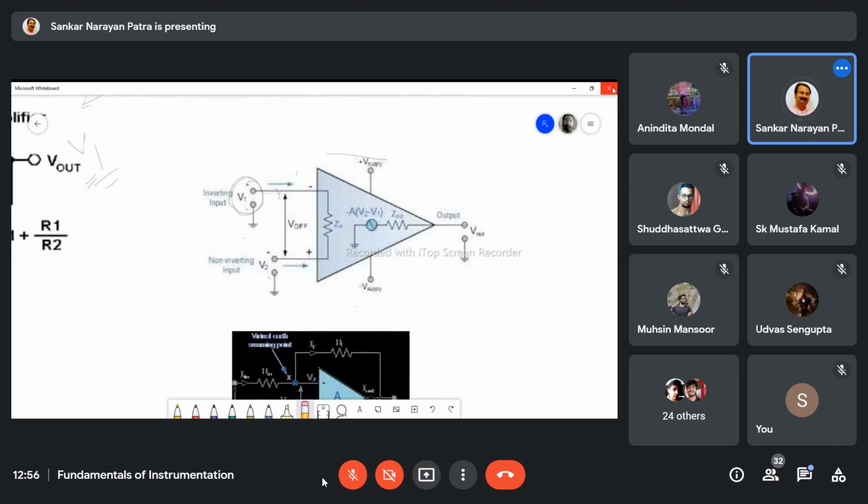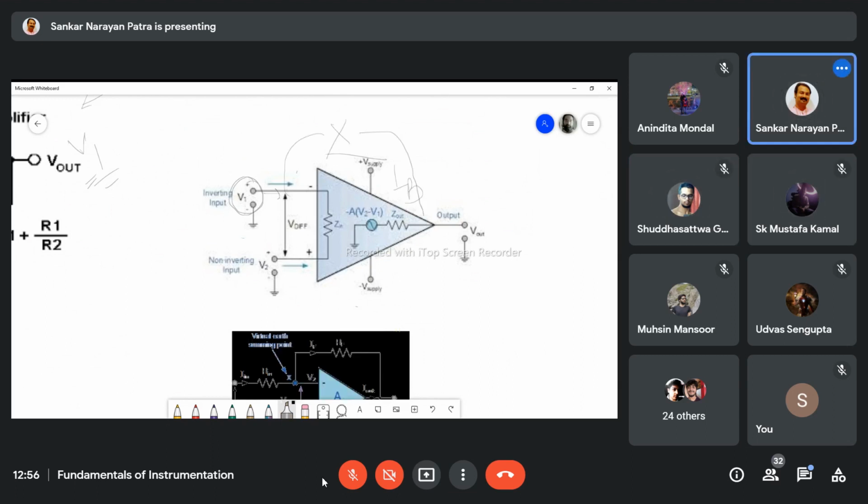Because you will not find any connection between input and output. No connection between input and output.